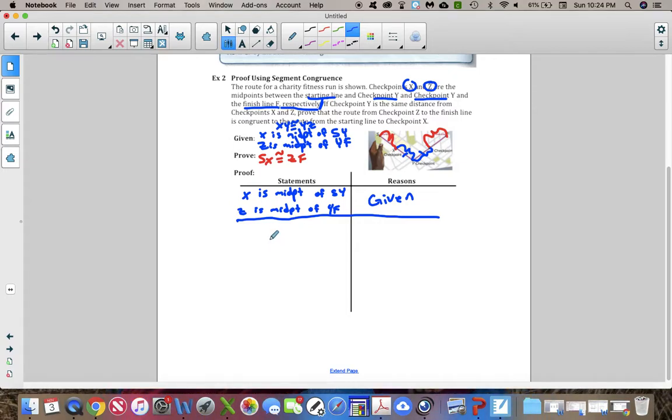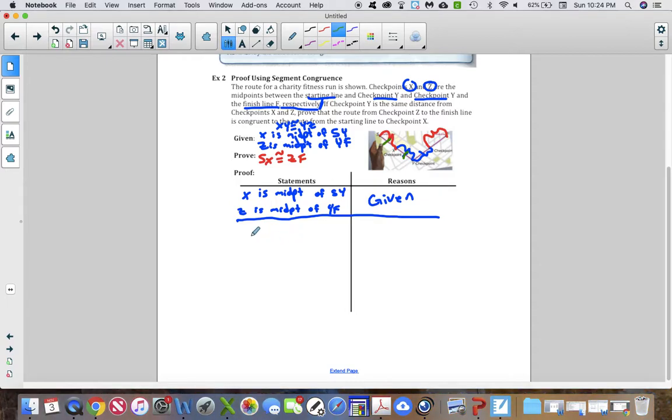Now what I usually do, if I don't know where to start with a proof, is write down a piece of the given, and then milk that for all that it's worth. I'll try to gather as much information as I can from it, until I've completely exhausted everything that I know about that statement. So I know that if X is the midpoint of SY, if this guy is exactly in the middle from S to Y, then this piece right here is the same as this piece right here.